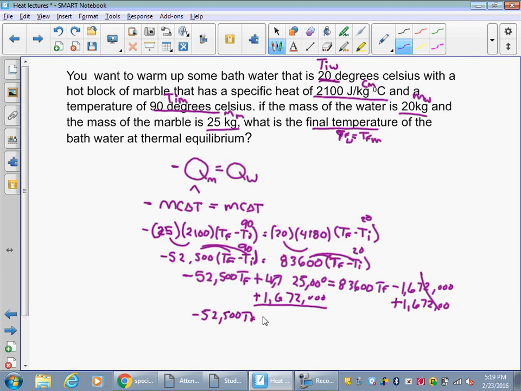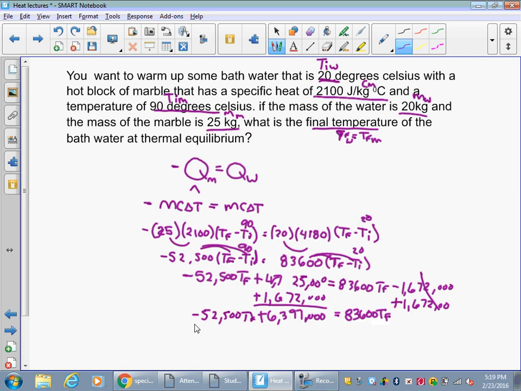You get this really big messed up number: 6,397,000 is equal to 83,600 T final.